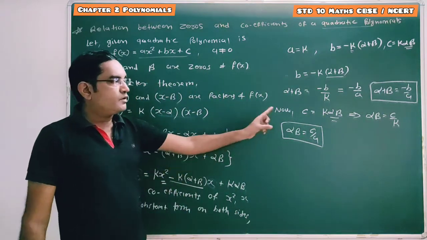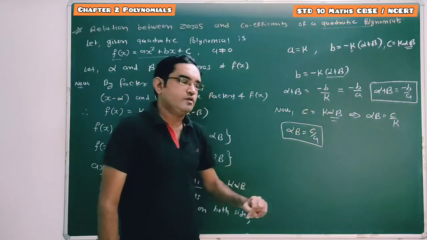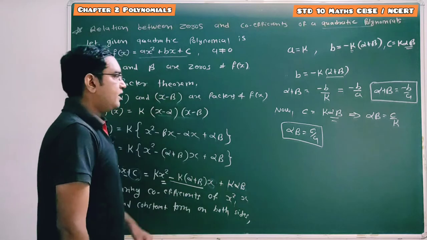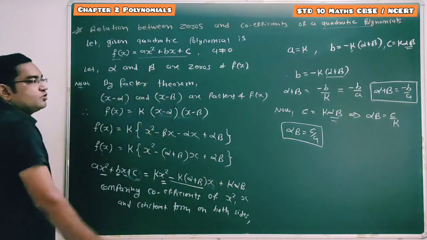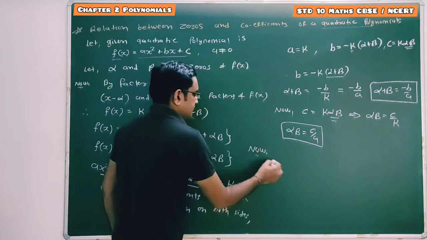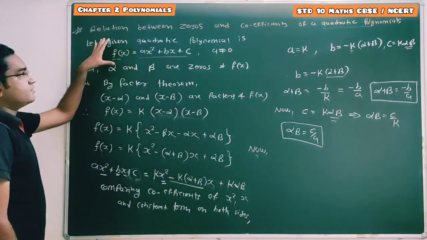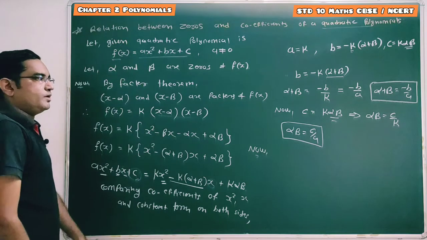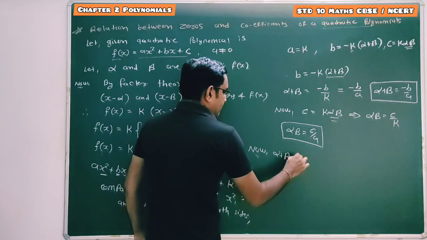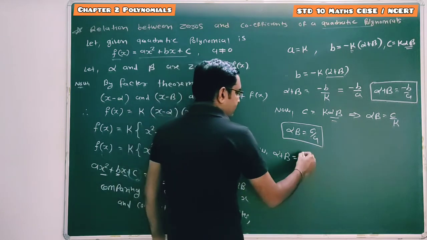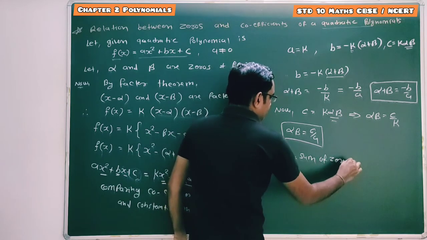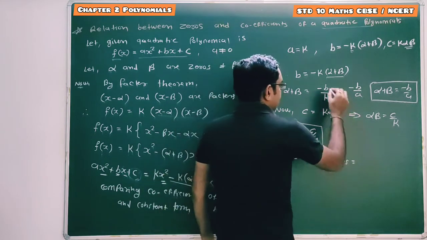So alpha plus beta is known as the sum of zeros, and alpha into beta is known as the product of zeros. Why? What are alpha and beta? Alpha and beta are the zeros of the polynomial. Therefore our final conclusion: we have derived the relationship between zeros and coefficients of a quadratic polynomial. Alpha plus beta, the sum of zeros, is equal to minus b by a.